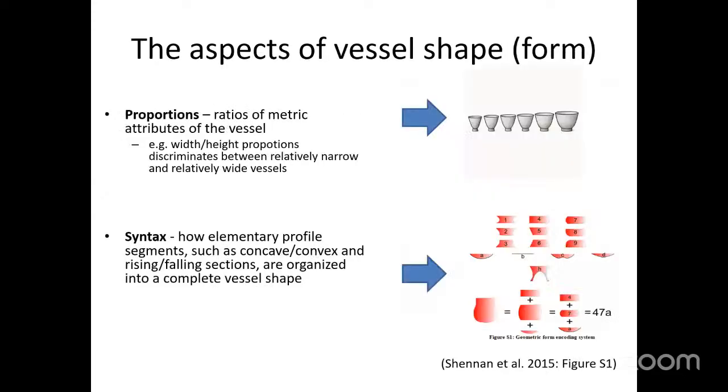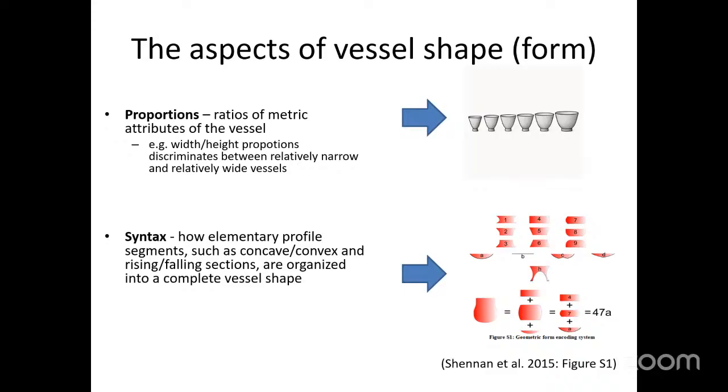So when we talk about vessel shape or vessel form, we distinguish two aspects. One of them is proportions, which is simply the ratio of metric variables. So we can speak of relatively wide, relatively narrow vessels. And the second one, the one that we focus on, is what we call vessel syntax.